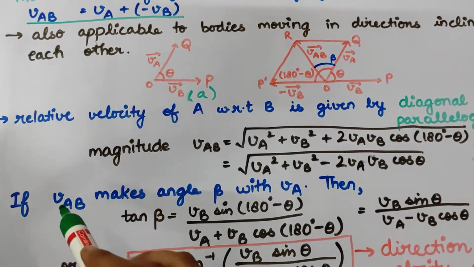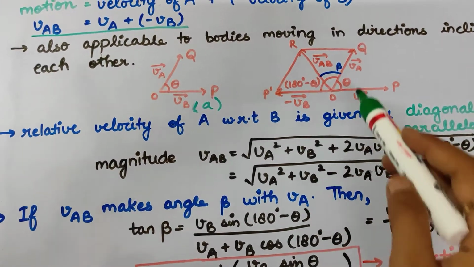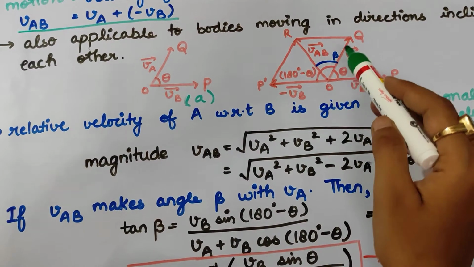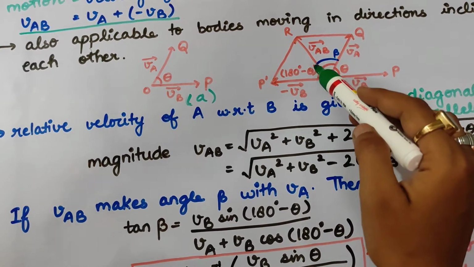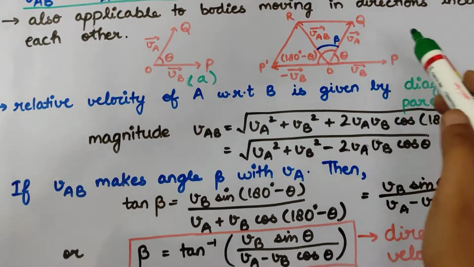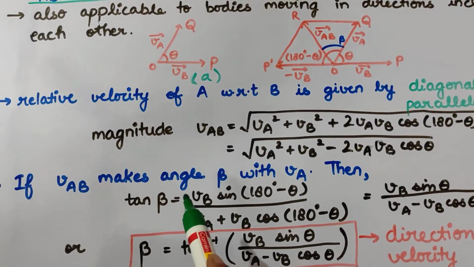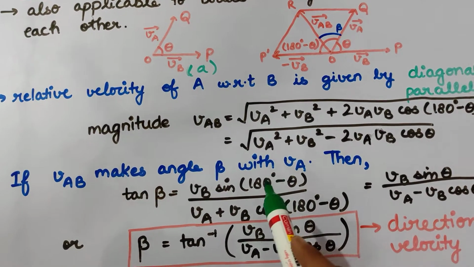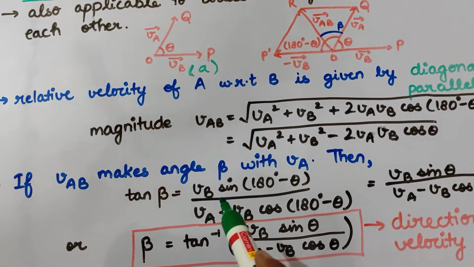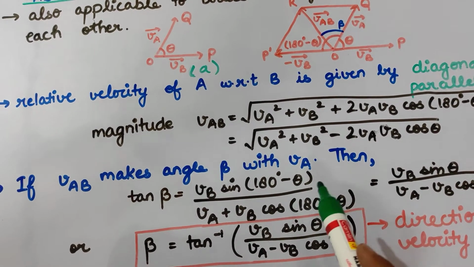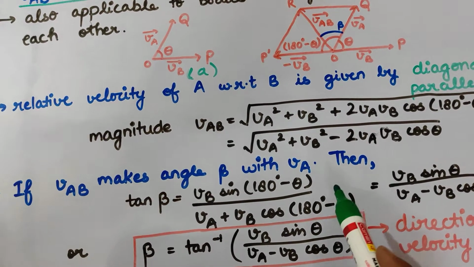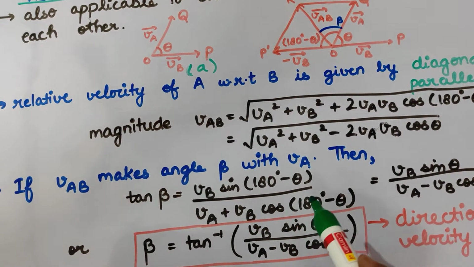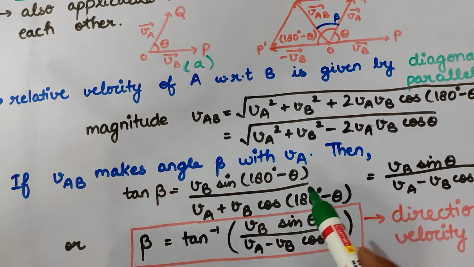Now if this VAB makes angle beta with VA, as you can see in this figure, then we will find that tan beta will be equal to VB sine 180 degree minus theta upon VA plus VB cos 180 degree minus theta. Sine 180 degree minus theta is equal to sine theta, but cos 180 degree minus theta is equal to minus cos theta.